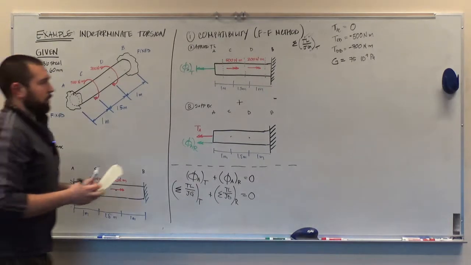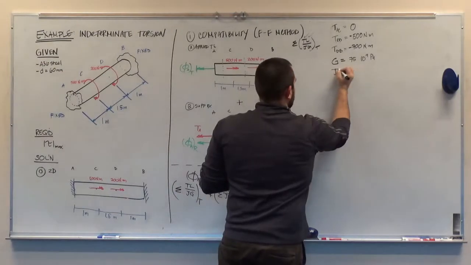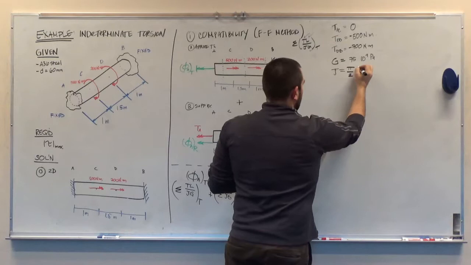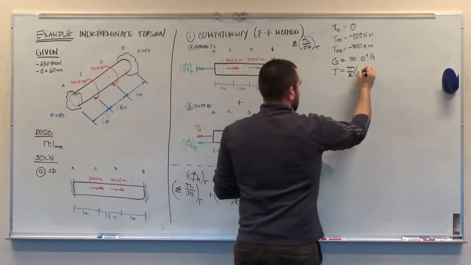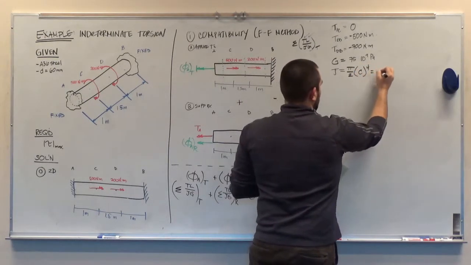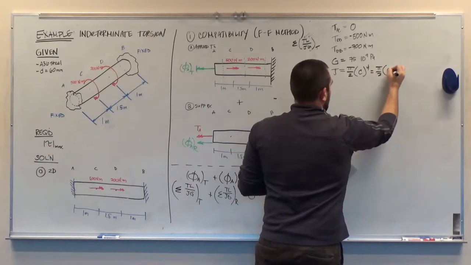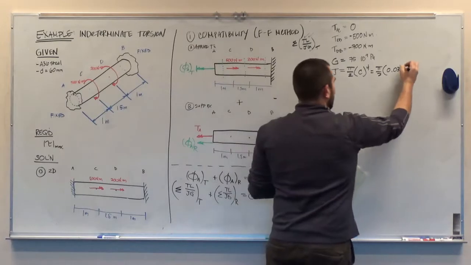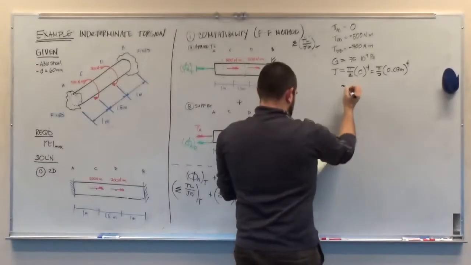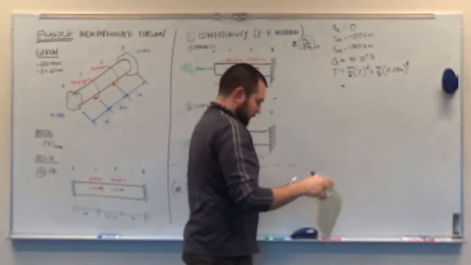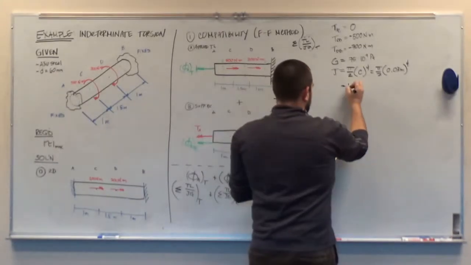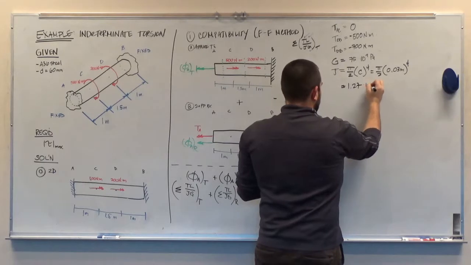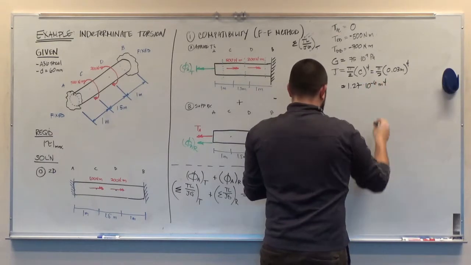So our calculation for J for a solid cross section, that's a circle, is pi over 2 times the radius to the 4th. So here we have pi over 2 times 0.03, which is half the diameter, the radius, to the 4th. And we get that J is equal to 1.27 times 10 to the negative 6th meters to the 4th.